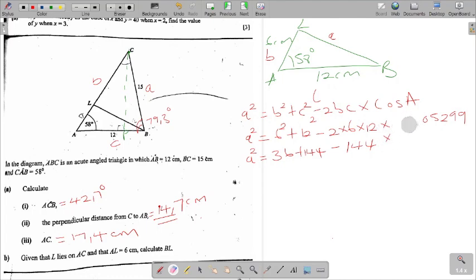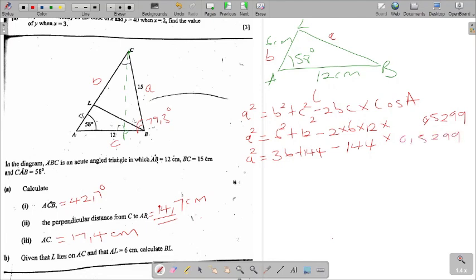Here there's no cos, because we have already punched cos 58 into the calculator.